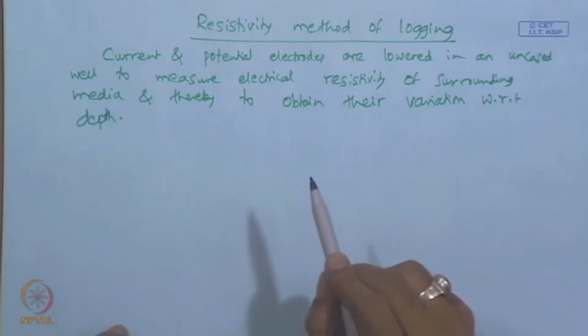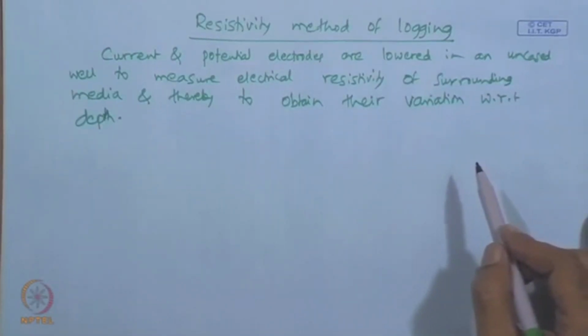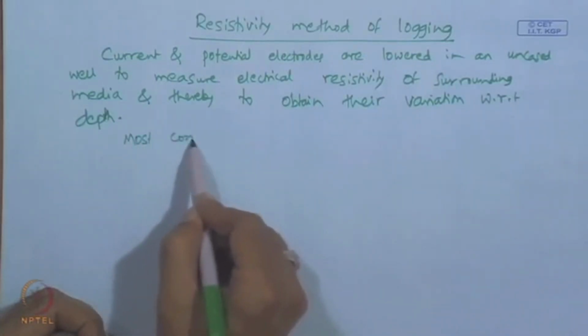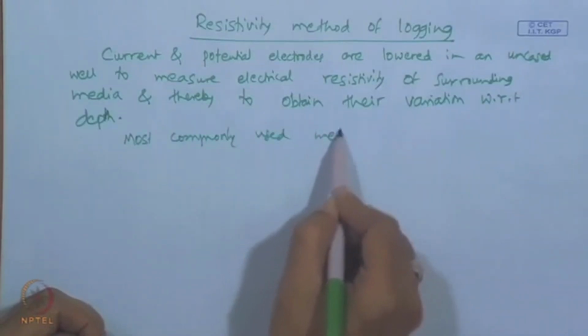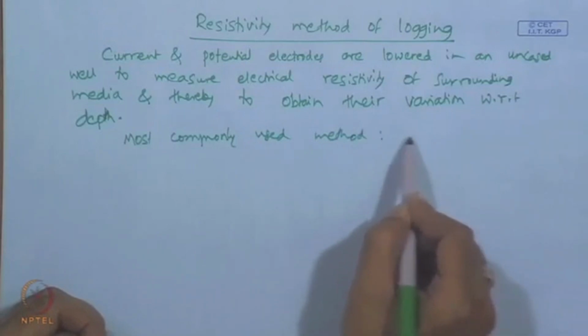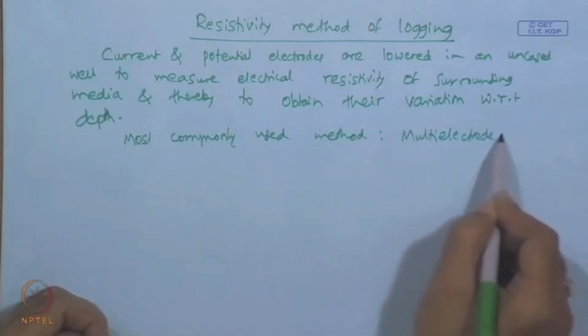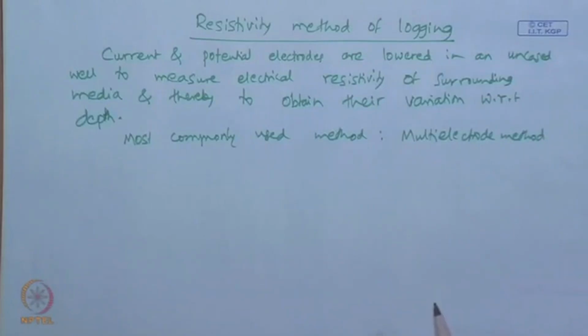And here, the most commonly used method is the multi electrode method. In this, there are basically short normal, long normal, and lateral.